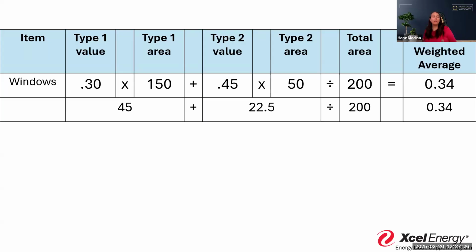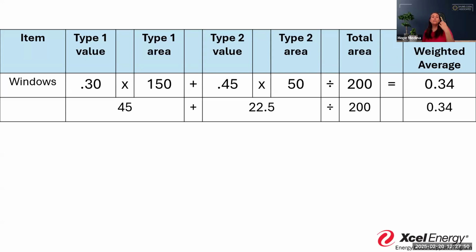Now we're dividing it by 200. And you say, well, where'd the 200 come from, Hope? Did you pull it out of the air? And I'm going to say, no, actually, what we did is we took the area value of window type 1, which was 150, and we added the area of type 2, which is 50. So 150 plus 50 is 200. That's where we get the total area that we're dividing it by.